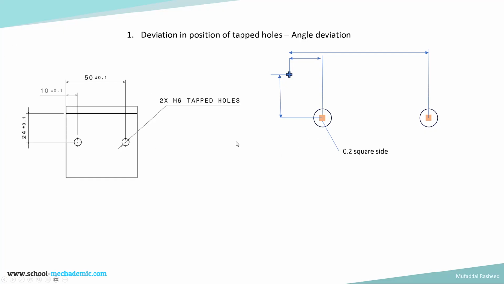So now to calculate the angle, we need to use geometry. This is a magnified, exaggerated view of the two tolerance zones.